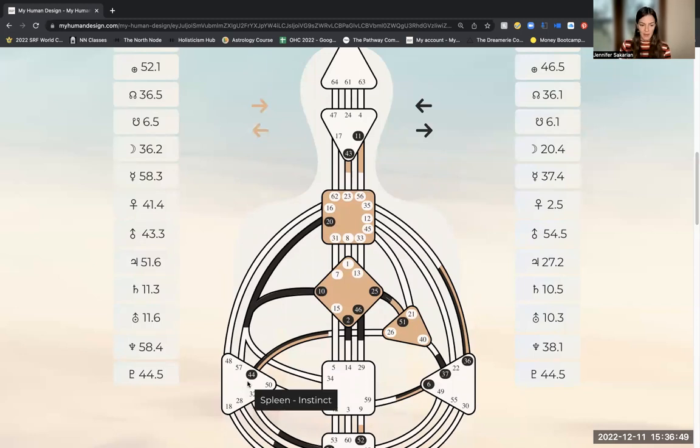So with that being said, we have these energy centers. As I mentioned, some of them are defined, so that's consistent energy for you, and others are white. So those are ones that you're going to be borrowing from the people, places, things, experiences that you're around. And then inside each of the different energy centers are activations, gates, gifts, etc. So it's kind of confusing when you first look at it, but once you get going with it, it's a lot of fun.